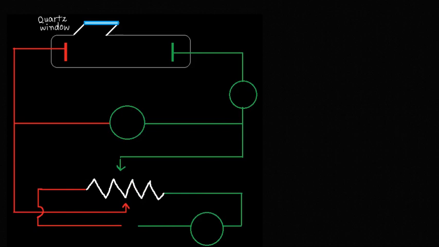In the photoelectric effect apparatus, you have an evacuated glass tube on which you have a quartz window. From here, the radiation will enter this glass tube. Next, you have a photosensitive plate which acts as your cathode.